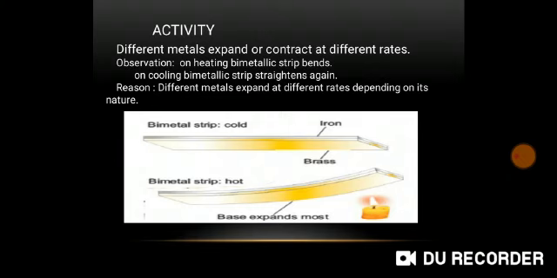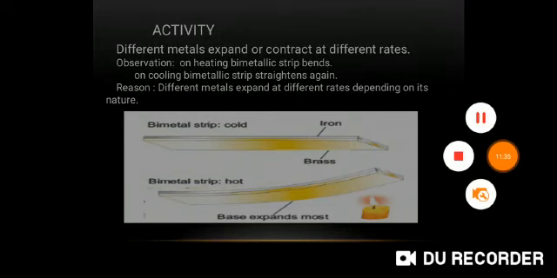And when you allow the bimetallic strip to cool down, what happens? Brass again contracts at the same rate at which it has expanded, and iron also contracts at the same rate it has expanded. As a result, the bimetallic strip straightens again. So we have concluded that this has happened because different metals have their own expansion depending upon their nature. So we have concluded that different metals expand and contract at different rates.